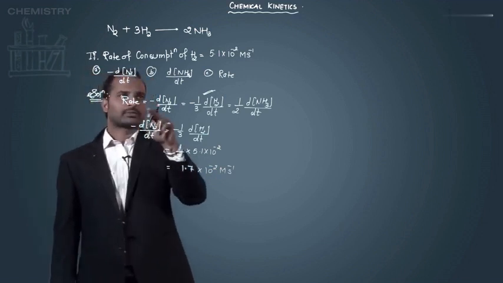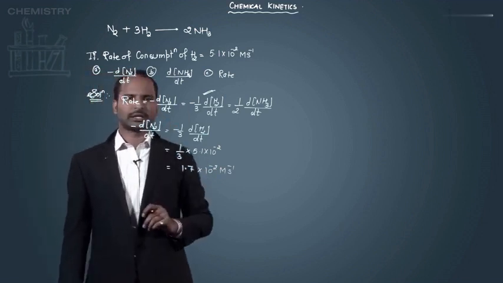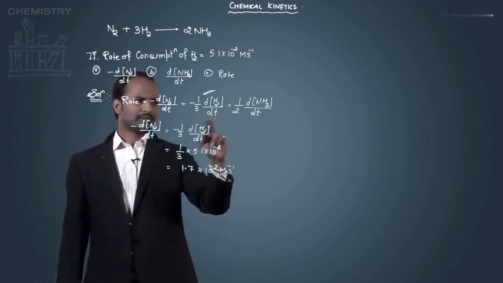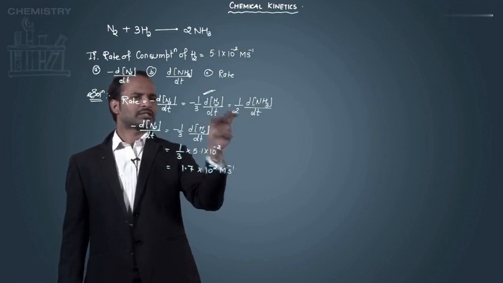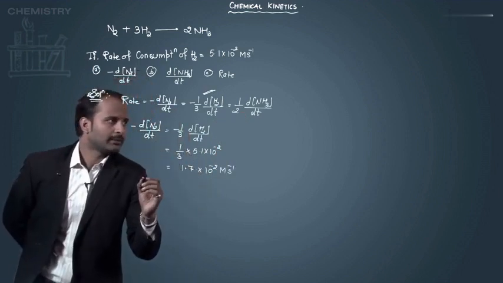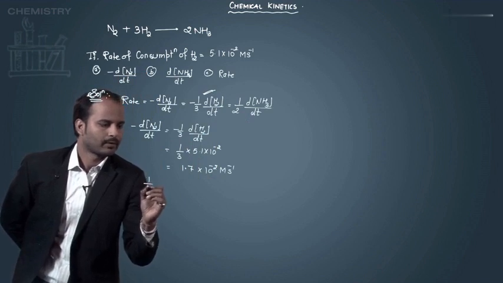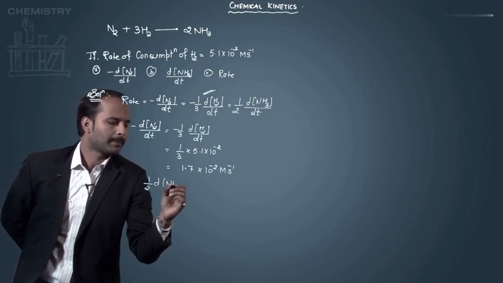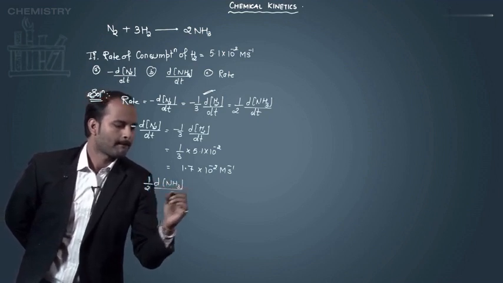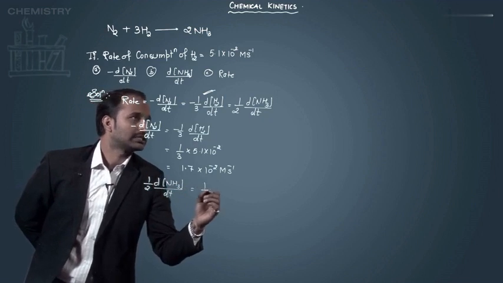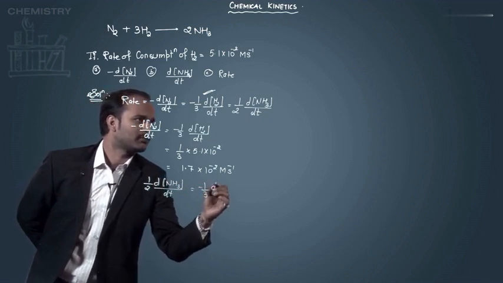I got this. Then second we have to calculate dNH3 by dt. dNH3 by dt is this one and this. Compare these two, or you can compare this with this dN2 by dt also. So half of dNH3 by dt is equal to minus 1/3 times dH2 by dt.